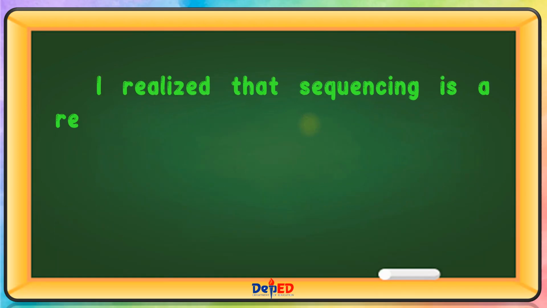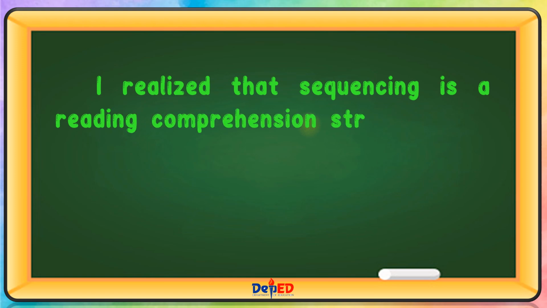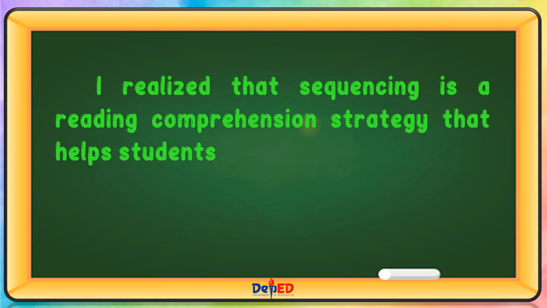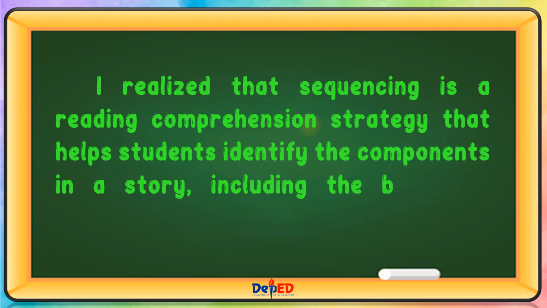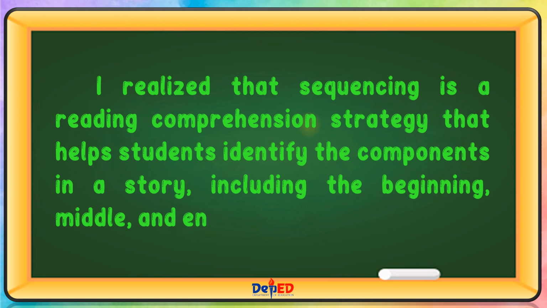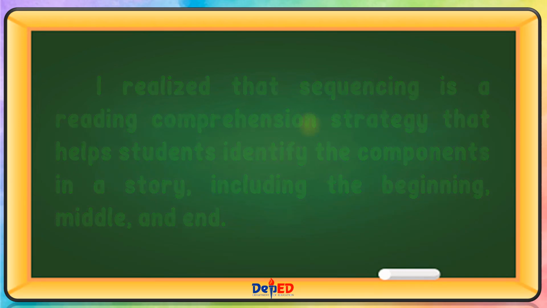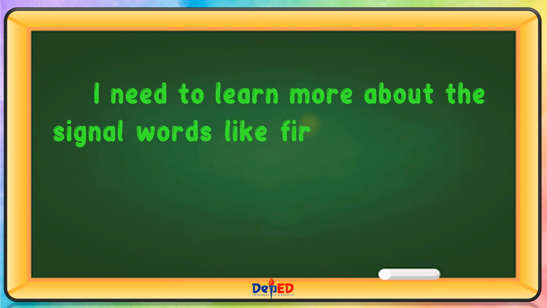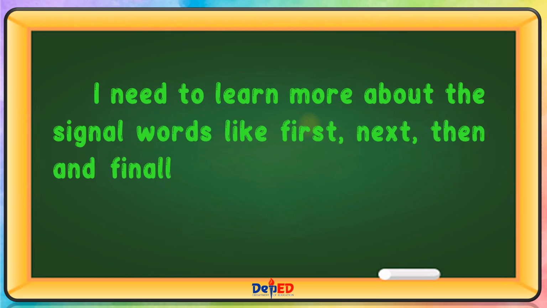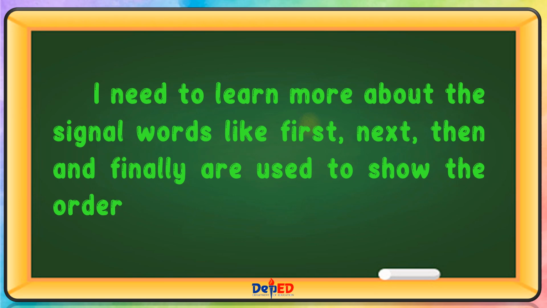I realized that sequencing is a reading comprehension strategy that helps students identify the components in a story, including the beginning, middle, and end. I need to learn more about how signal words like first, next, then, and finally are used to show the order of events.